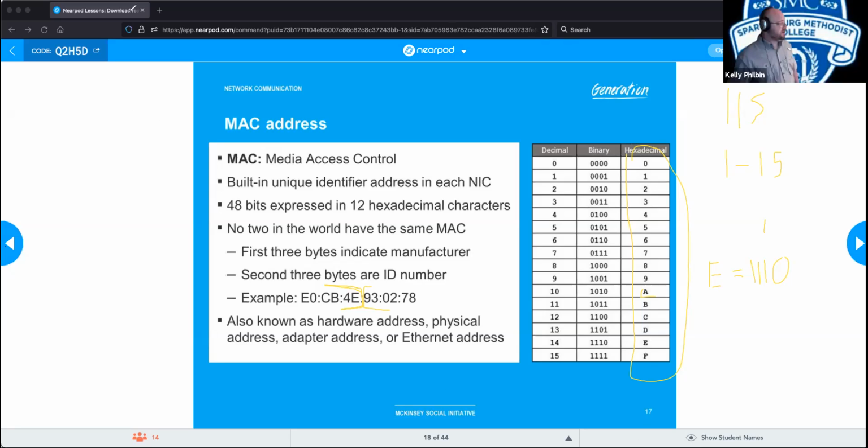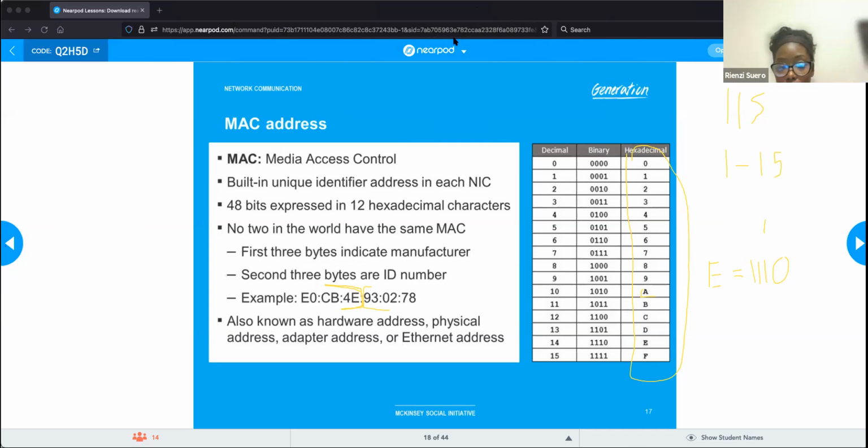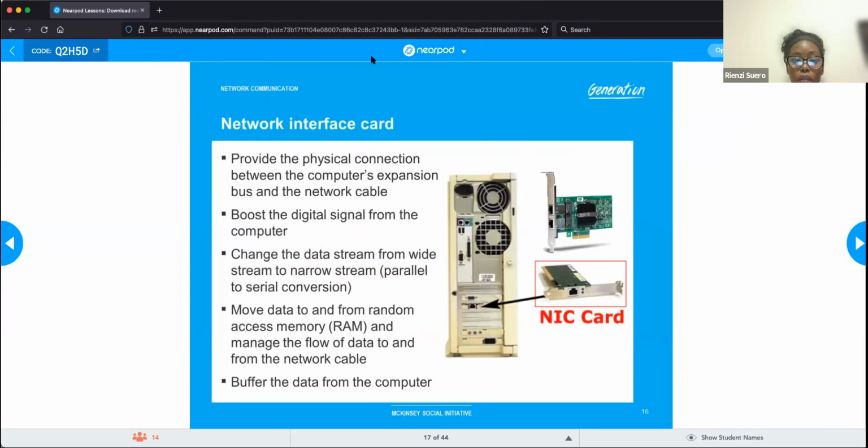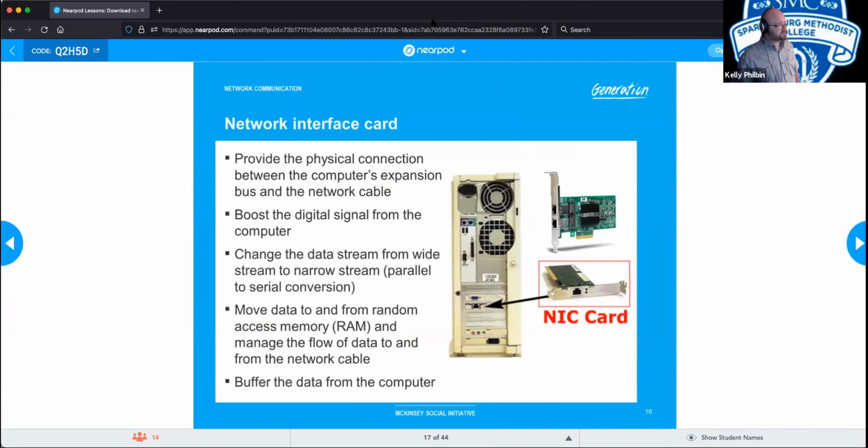So let me kill the annotation here. Oops, let me erase what I got first. Go back a page so we can't see it. So instead of 8 bits, we've only got 4, right? So give me the binary representation.